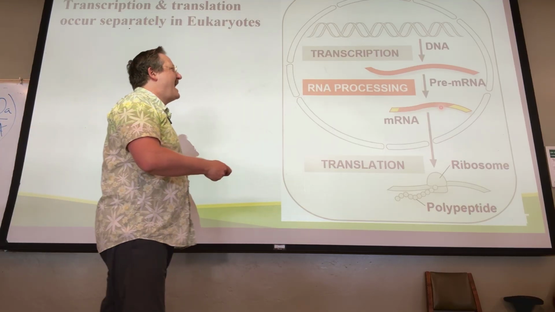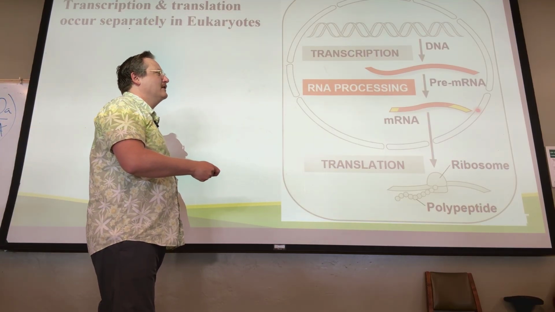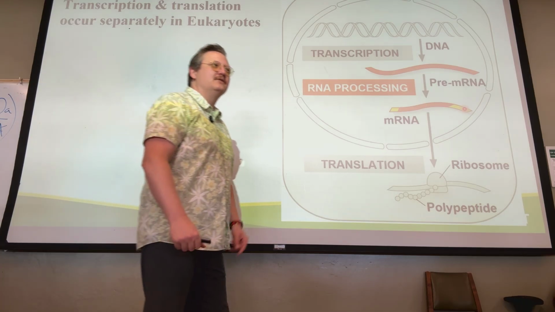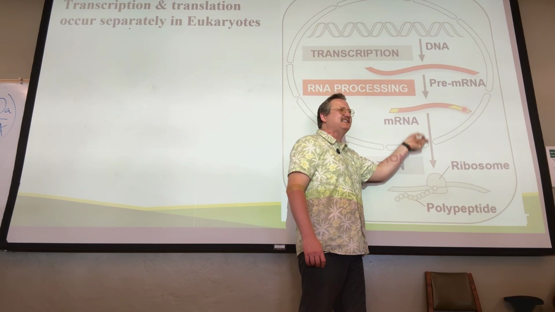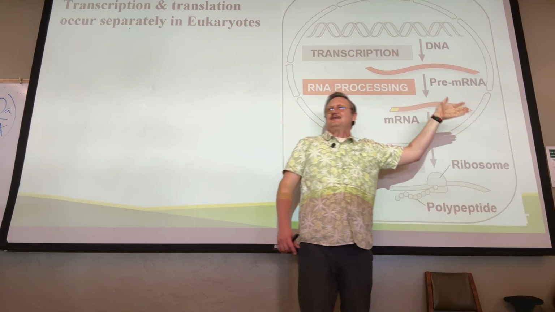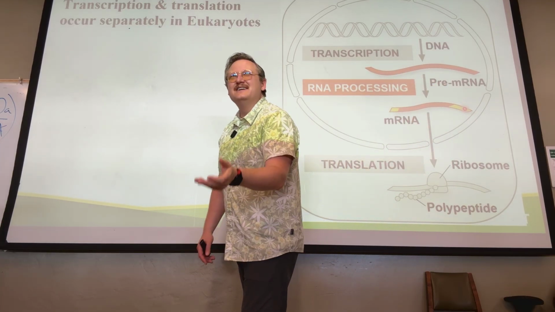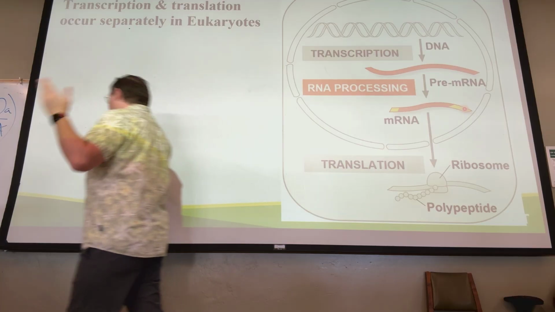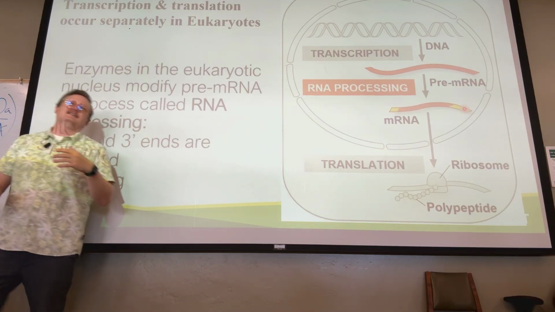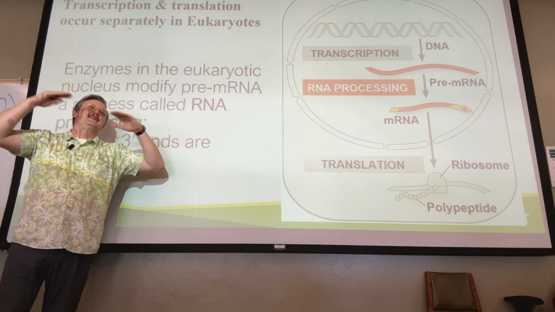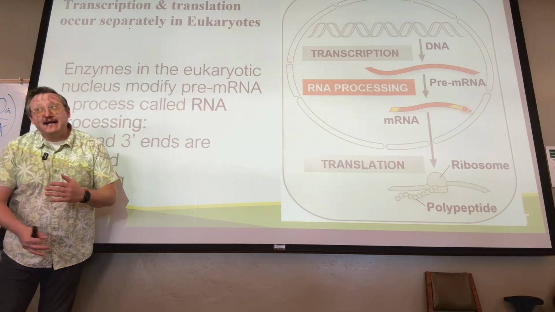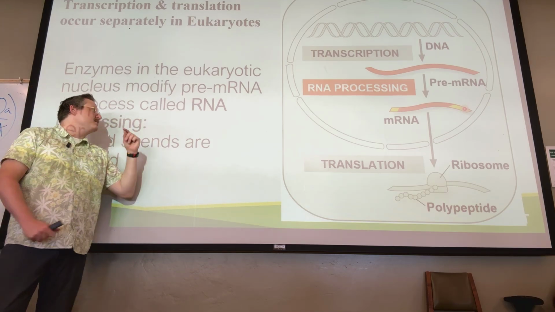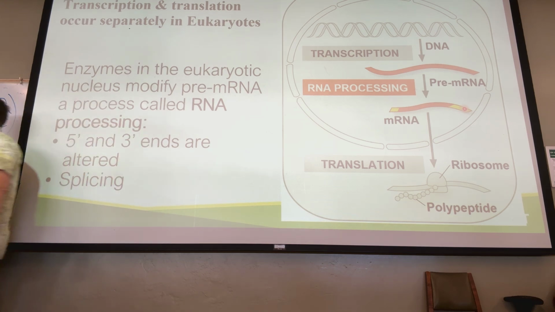You add this cap and this tail to the molecule, which are going to facilitate export from the nucleus and also make the RNA molecule slightly more stable, all right? There's all of these additional steps that are encompassed by the label of RNA processing. But that's what we'll talk about on Friday, okay?